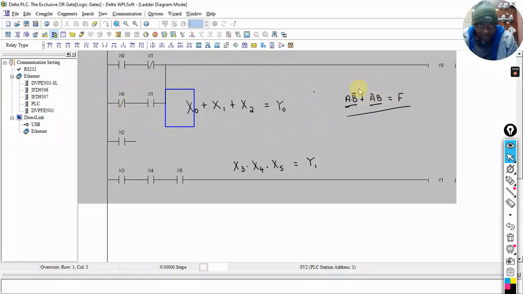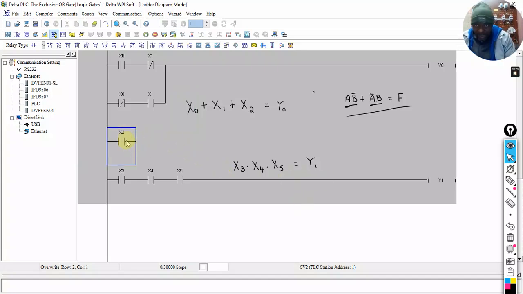If you let B be x1, here it is not B, which is not x1, which is closed, and then the other one is B. Together they are parallel. I think this makes the understanding a little bit better.